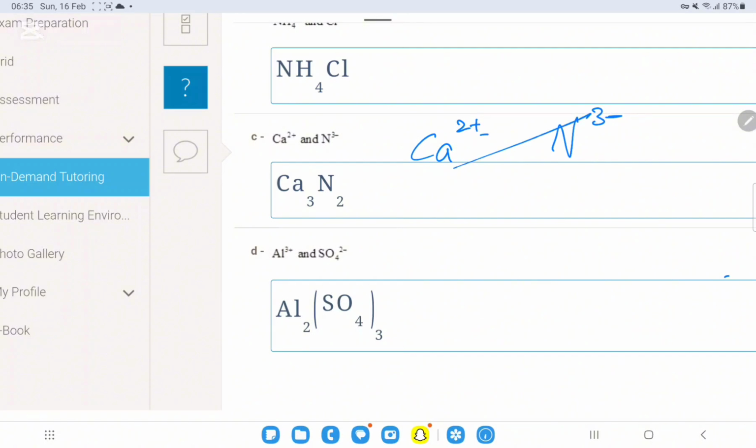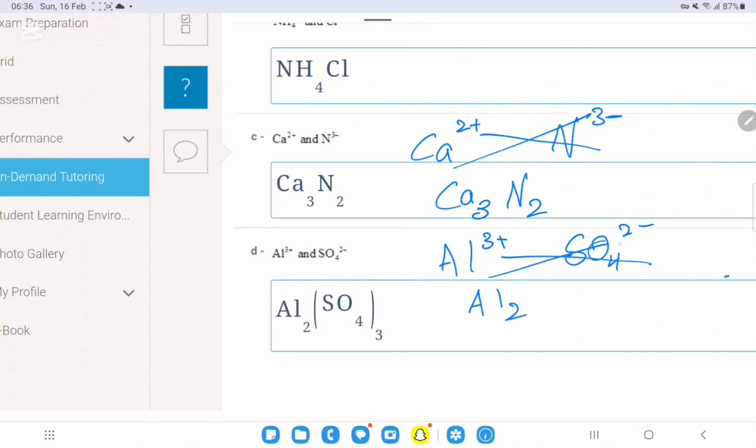Ca2+ and N3-. You do the crisscross method. The 3 of the N goes to the Ca, so Ca3 becomes a subscript, and the charge of the Ca2 goes to the N, becomes a subscript, N2, Ca3N2. Part D, Al3+ and SO4 2-, again crisscross.